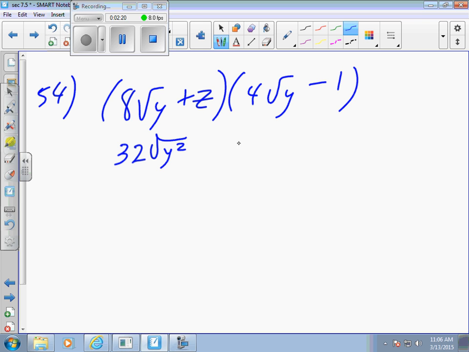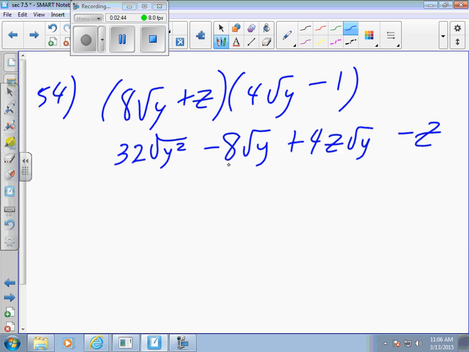Outside times outside gives me negative 8 square roots of y. Inside times inside gives me positive 4z root y. Coefficients that are numbers are first, letters second, radicals last. And then minus z. Negative 1 times z is negative z.